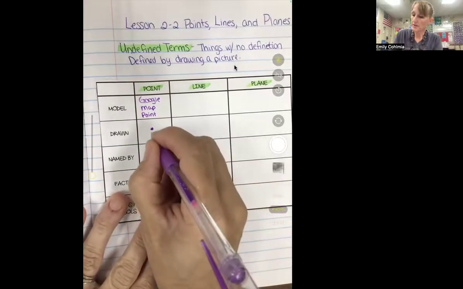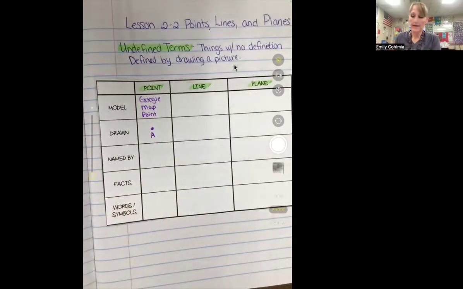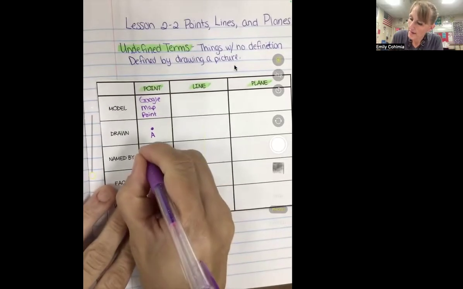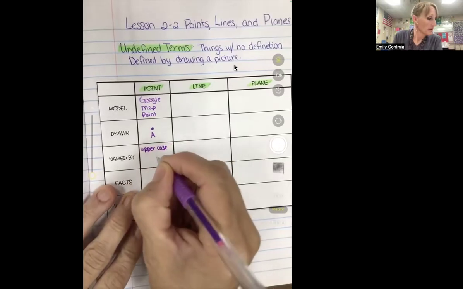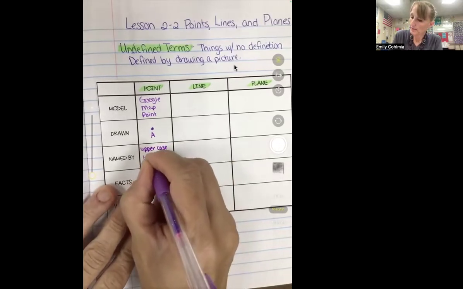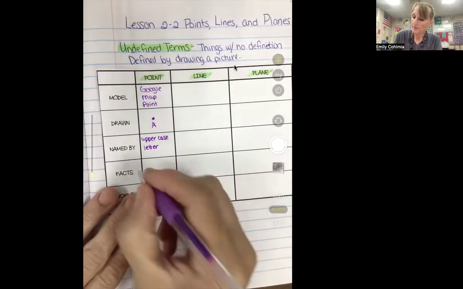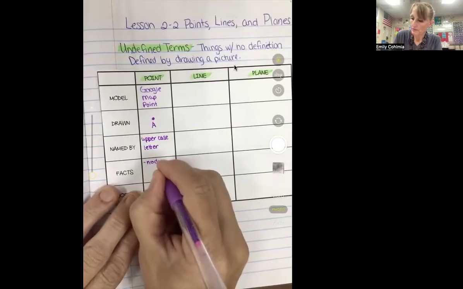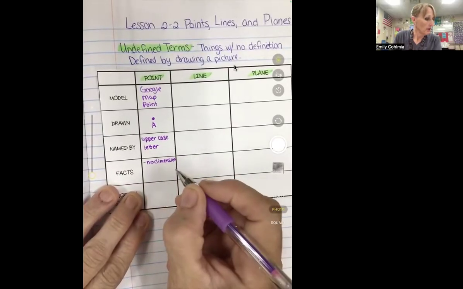These are always going to be named with a capital letter, so they are named by an uppercase letter. Facts about them, they have no dimension. They don't have any length, they don't have any width, anything like that, no dimension.